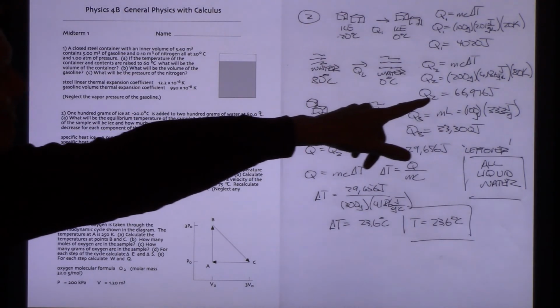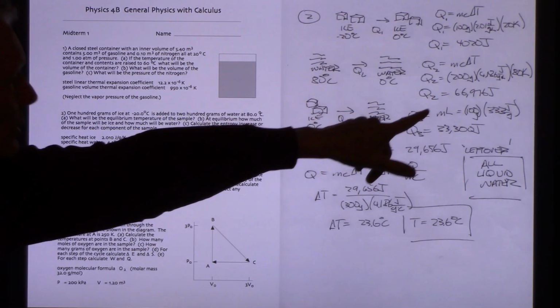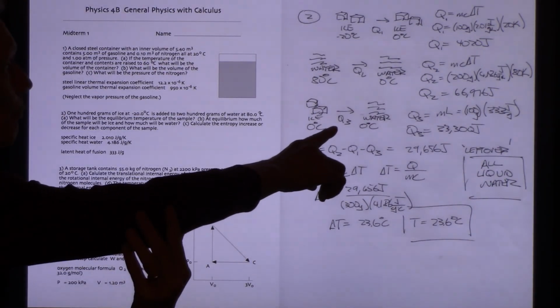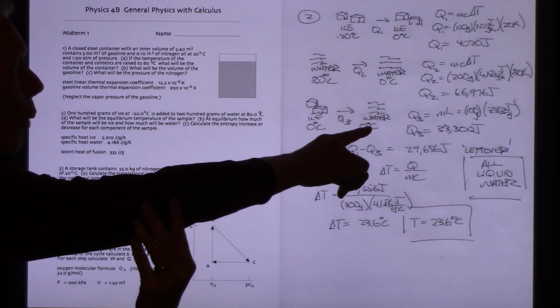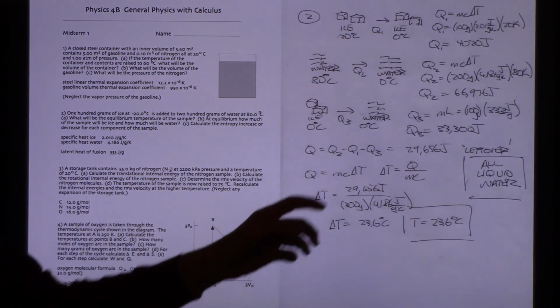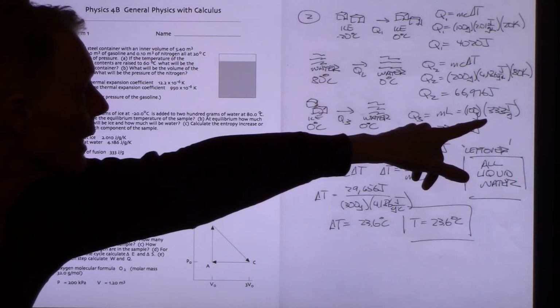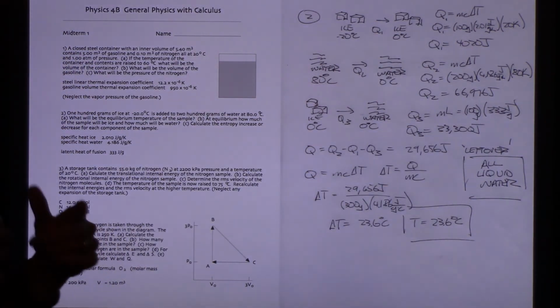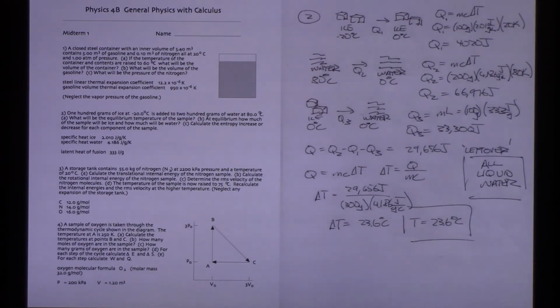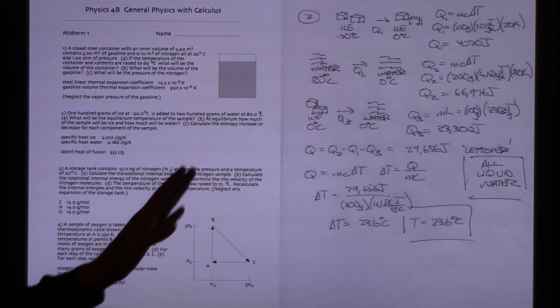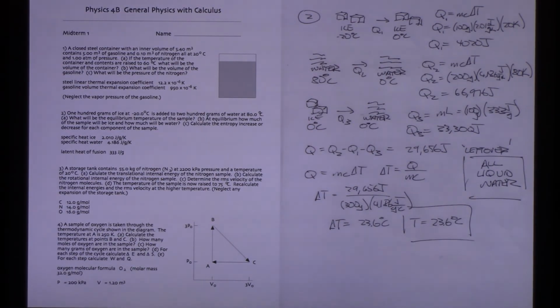Now the question is that 67,000 joules, is that enough also to melt the ice? And so ice melting to water at 0 Celsius, I can put in the mass of the ice, and I can put in the latent heat, and it says that melting process for the ice will require 33,300 joules. So now I've got to take a look at these Q's and say, look, how much heat do we have left over?